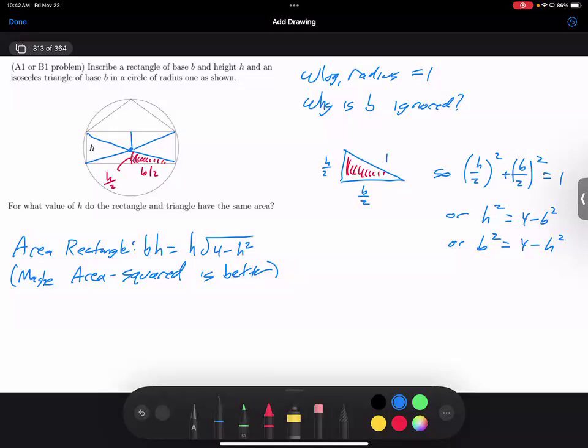So I guess we know the whole length is two. Okay, so for the triangle, do we know the base? So what's the base? B. And what's the height?